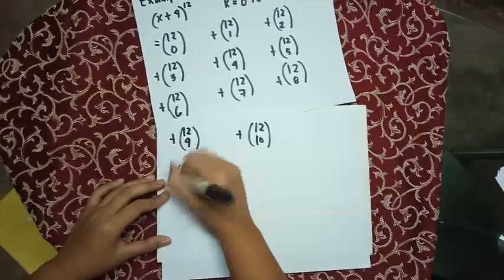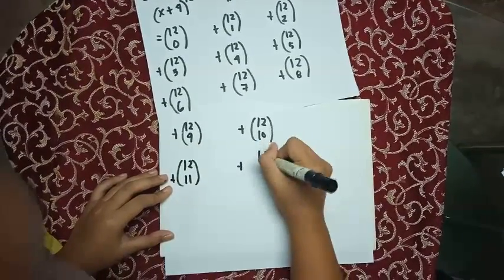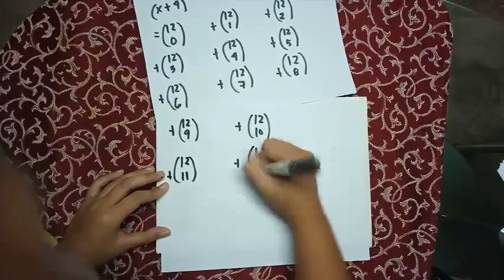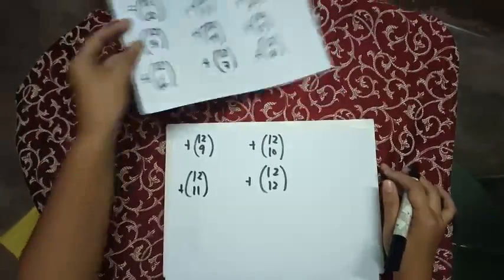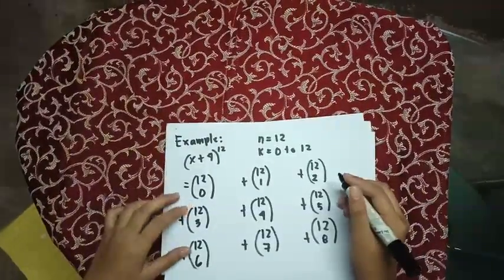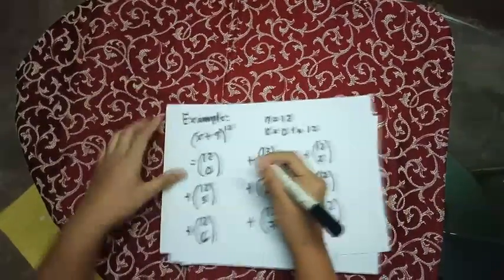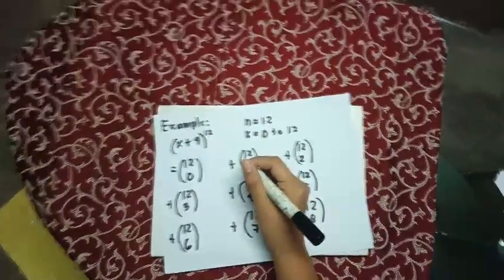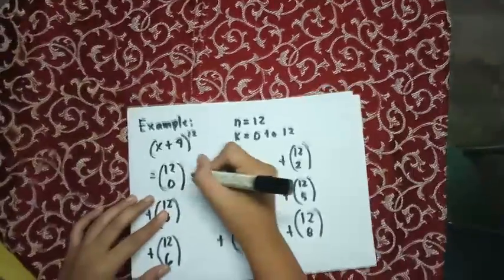The next thing that we're going to do is put all the a, where our a is raised to n minus k, so our a is x. So the exponent of a is always decreasing.